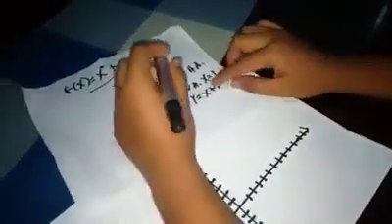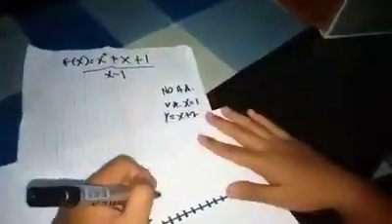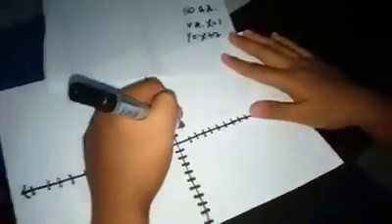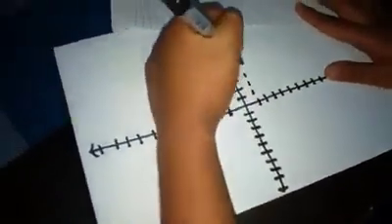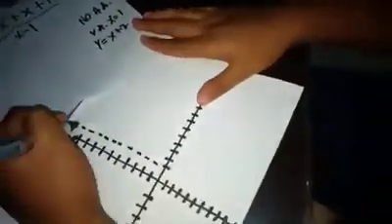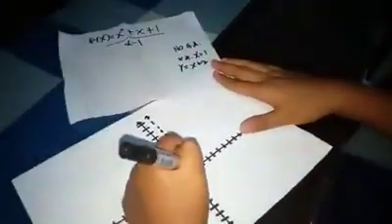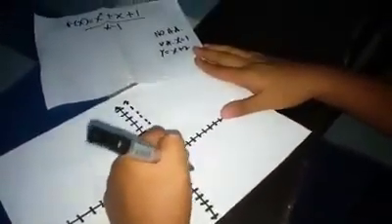First, we have no horizontal asymptote. Okay, we have a vertical asymptote of x equals 1. We have to graph x equals 1. This is x equals 1.